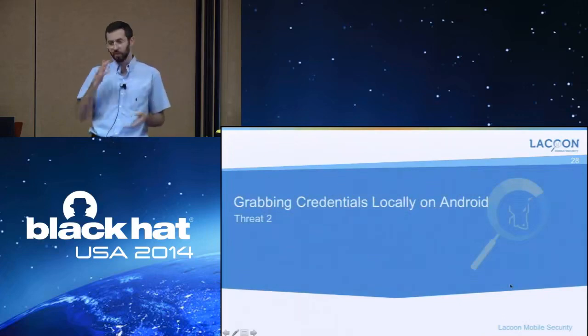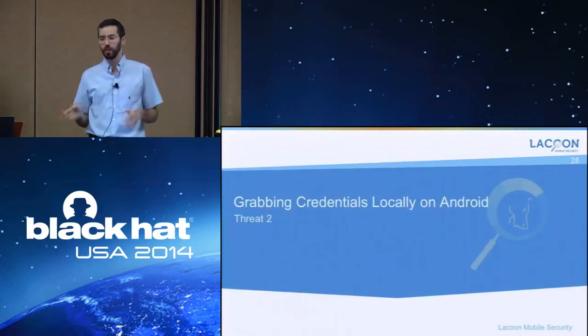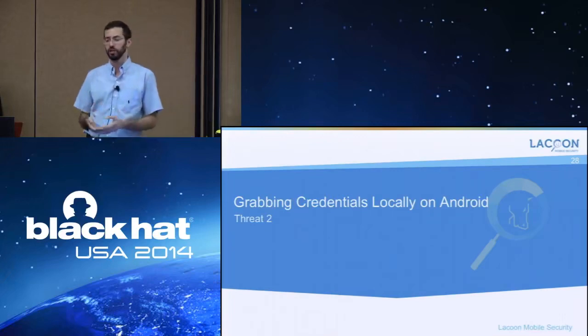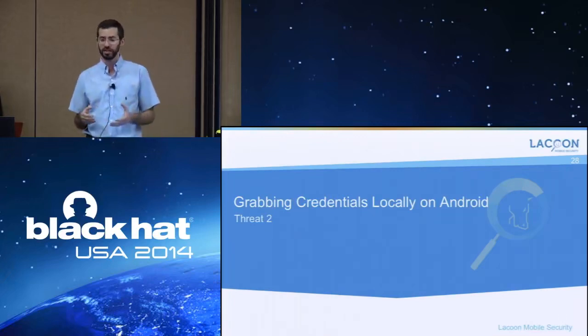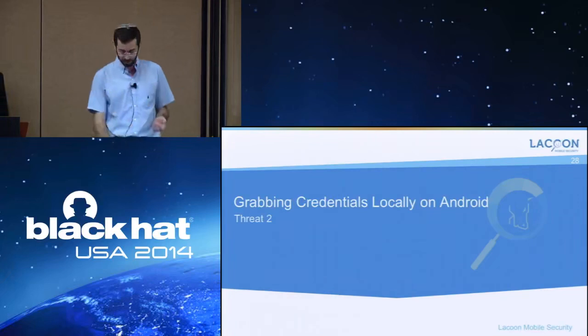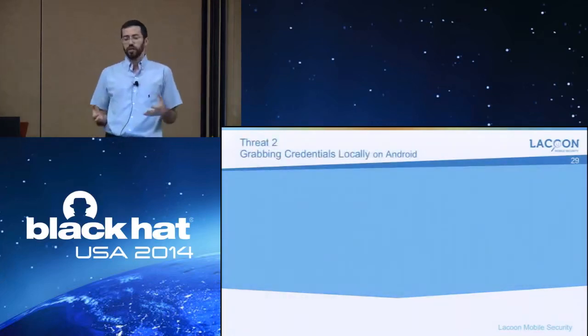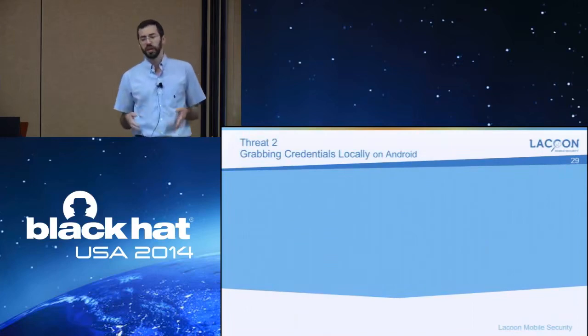Now, the problem with all this keylogging is that it's good for grabbing stuff being input inside the application, but it's not very good if the person is already logged in, and it's messy if the person needs to correct himself. So we're trying to look at different ways of grabbing the credentials if you're sitting locally on the device.